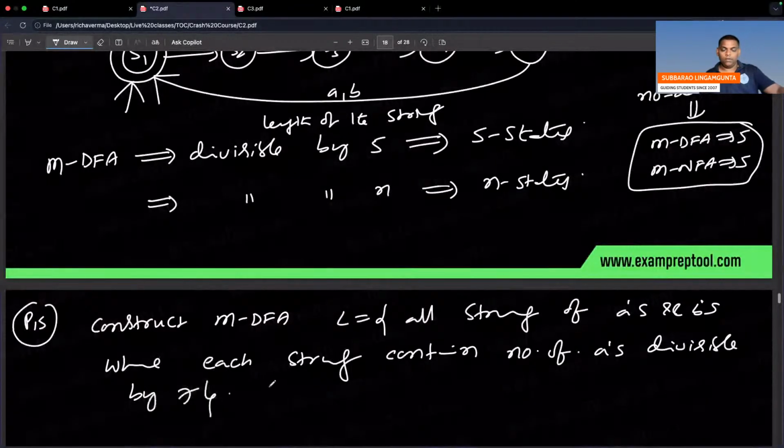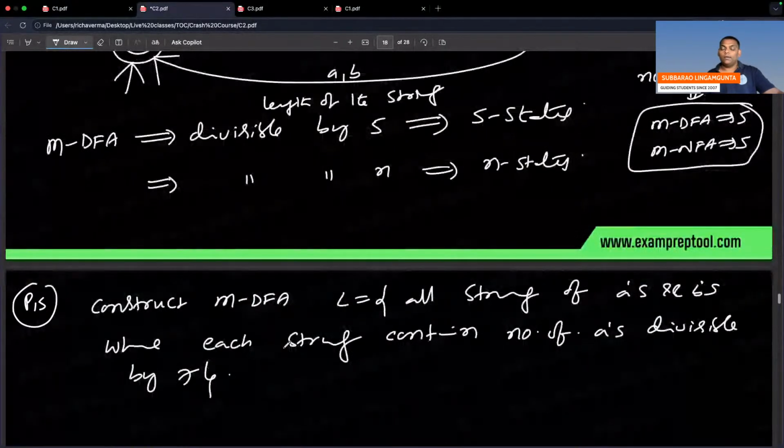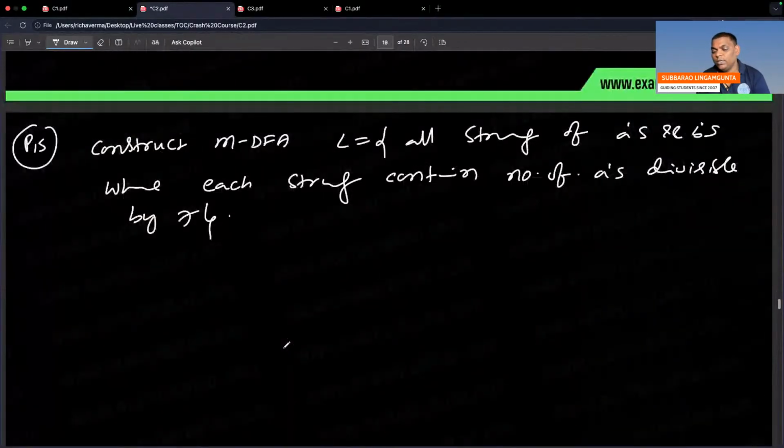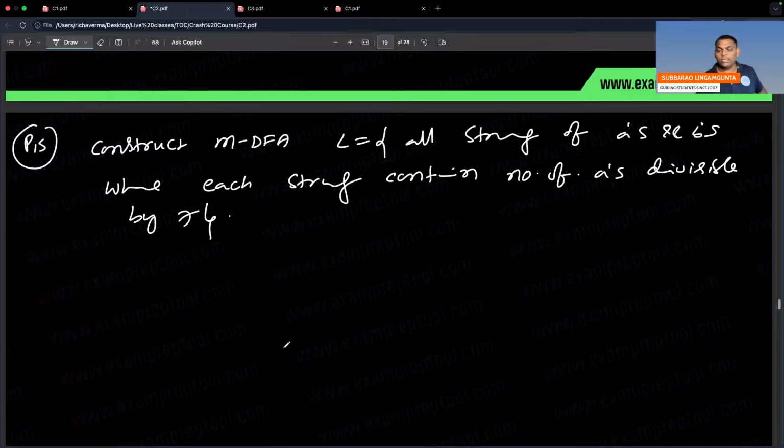Remember, construct minimal DFA for the language L is equal to all strings of A's and B's where each string contain number of A's divisible by 7.